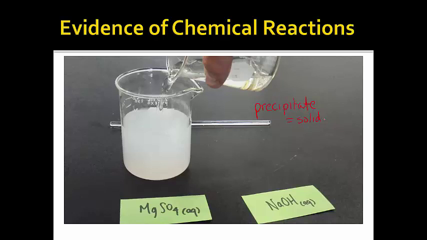So if we were to let this new mixture sit here, the particles that are making the solution cloudy would eventually precipitate or fall down to the bottom, and we get a little layer of a white powder at the bottom of the beaker, with the rest of the solution essentially being clear.